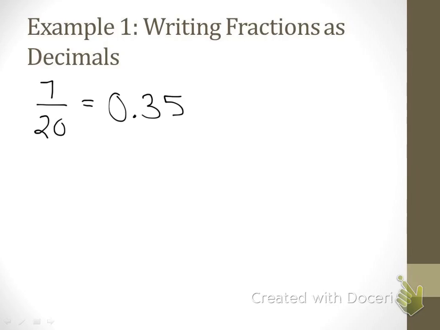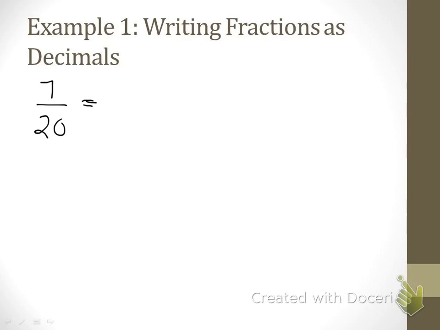Put it in your calculator. 7 divided by 20 is 0.35. It's the same thing. So if you don't have the fraction button, all you have to do is simply divide the top number by the bottom number. Everybody clear on that? You got it, Zach? Understand? Okay, so 0.35.